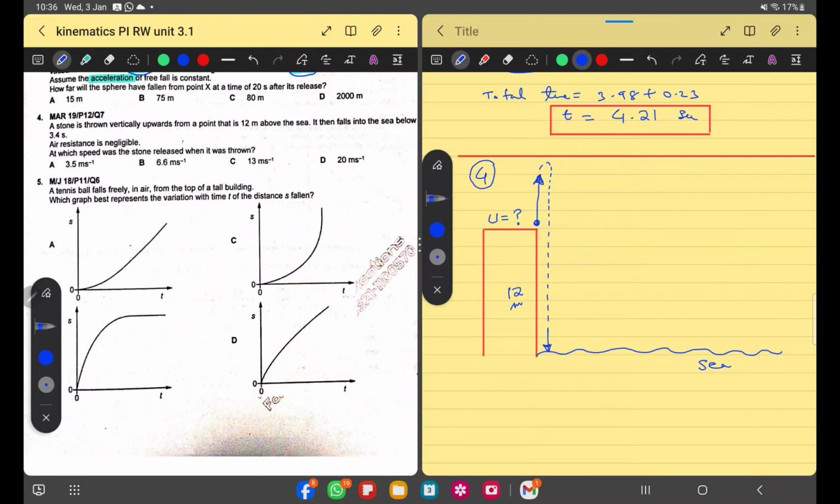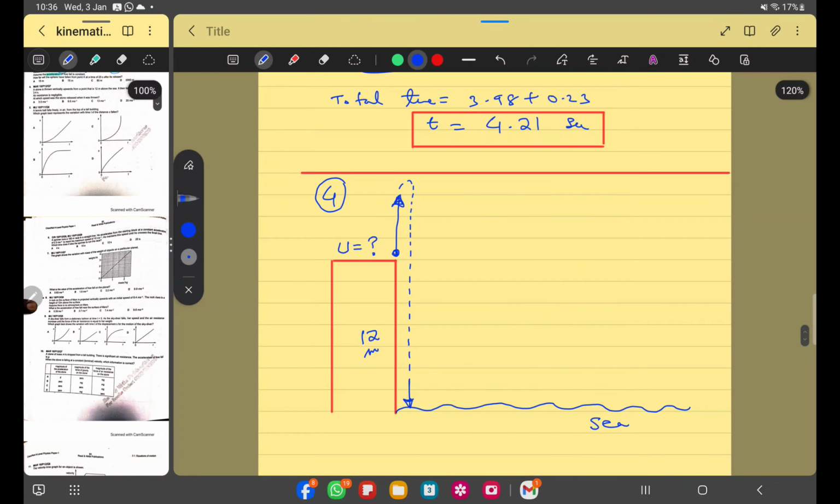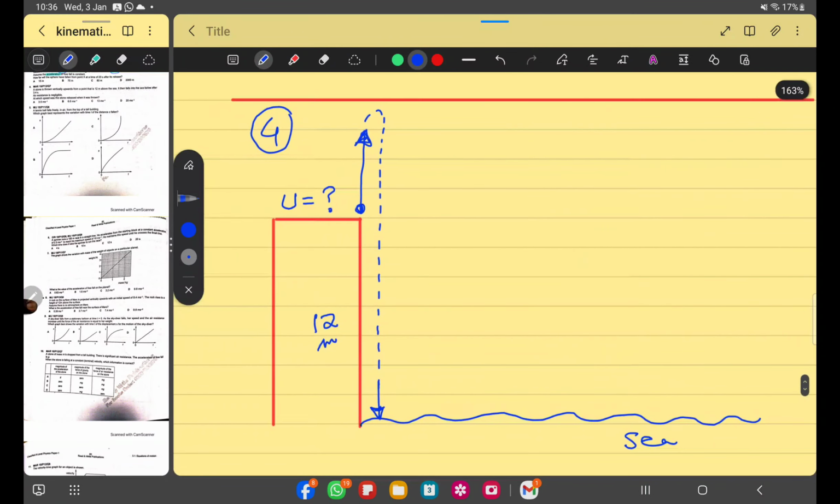Before question number 4, I taught you that you should deal either only with upward motion or only with downward motion. But in question number 4, we are going to deal with upward and downward motion simultaneously.